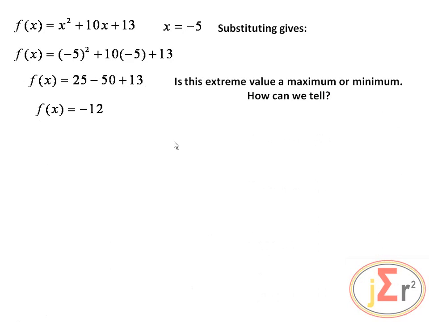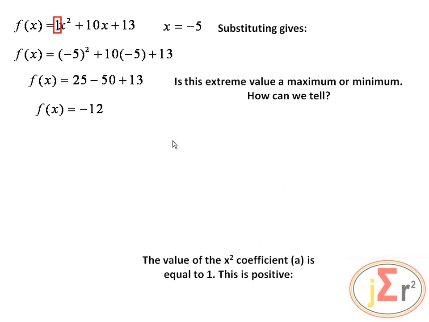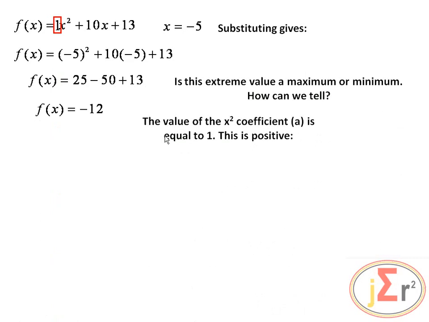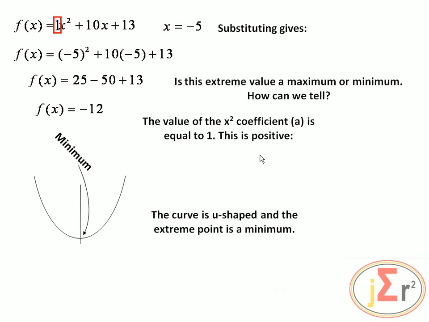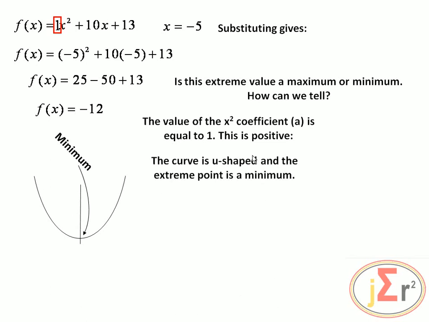Is this extreme value a maximum or minimum? How can we tell? The value of the x squared coefficient, which is a, is equal to 1. This is positive. For positive, we have what? The curve is U-shaped and the extreme point is a minimum.